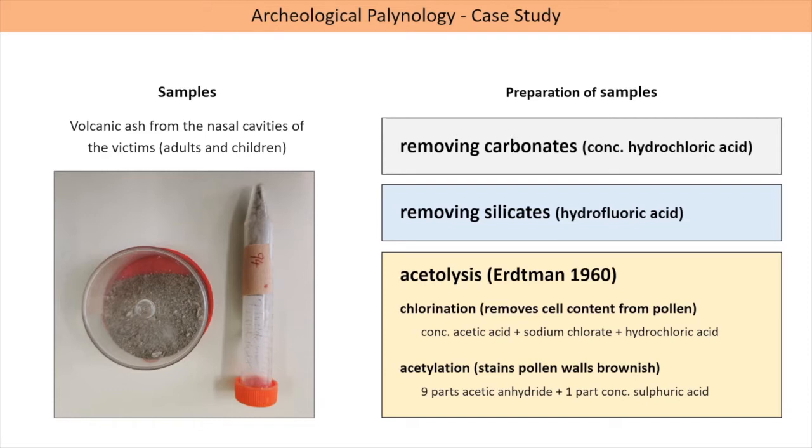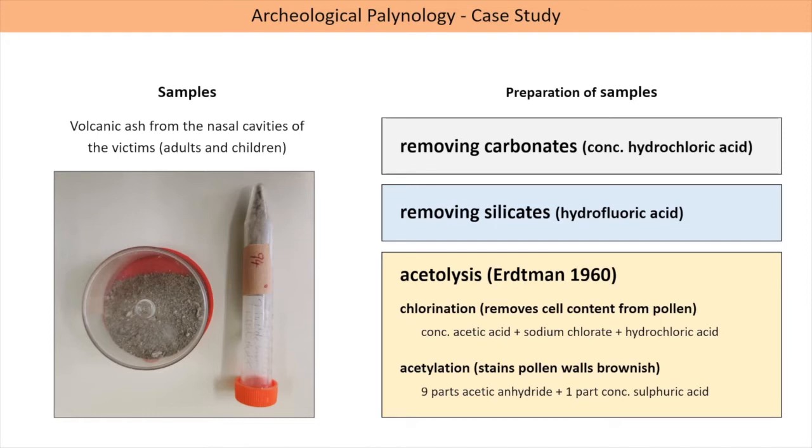The acetylysis treatment is also important, especially the acetylation, the second step of the acetylysis treatment, because this stains the pollen walls brown. And for fossil samples with a lot of stones involved, we have to do all these steps to isolate the pollen grains and to make the sample quite clear.